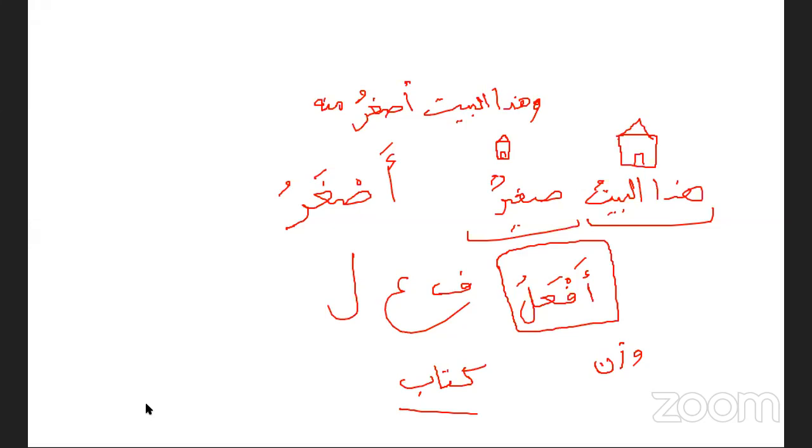It can be مفرد, and it can be جمع. It can be مذكر, and it can also be مؤنث. Okay, اسم التفضيل can be مذكر, and it can be مؤنث. It can be مفرد, and it can be جمع. And there are different situations when that happens.